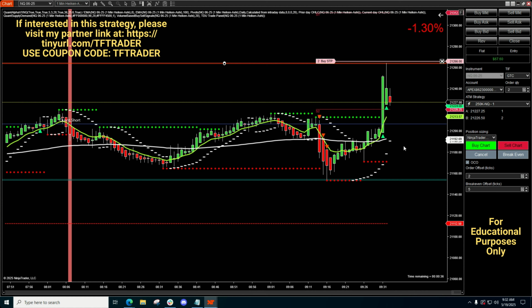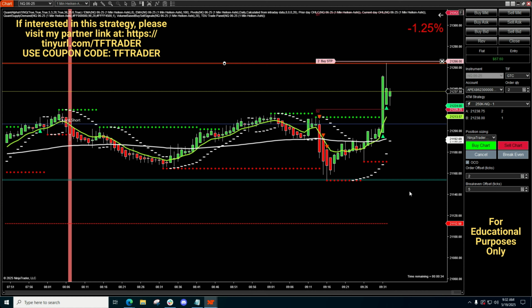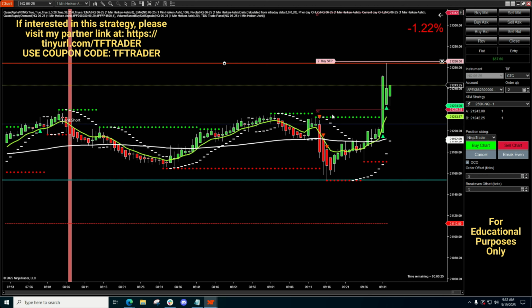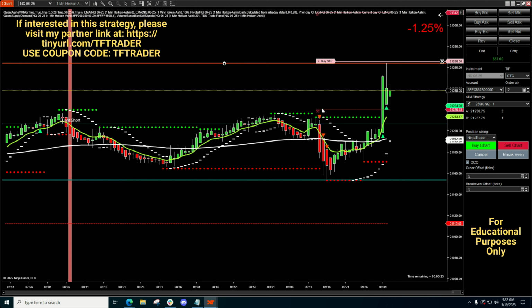Now the bar is settling down a little bit. So we had two high volumes in a row sitting on this pivot here.